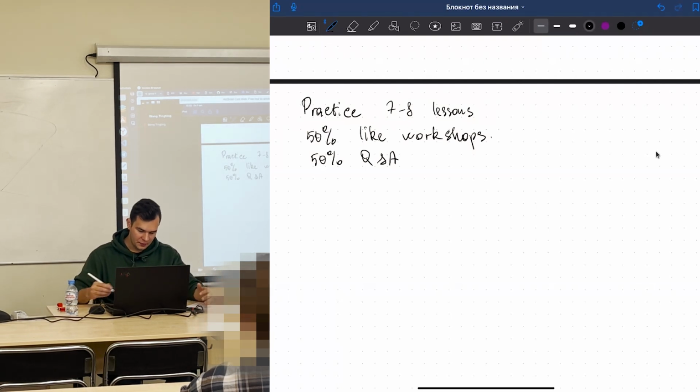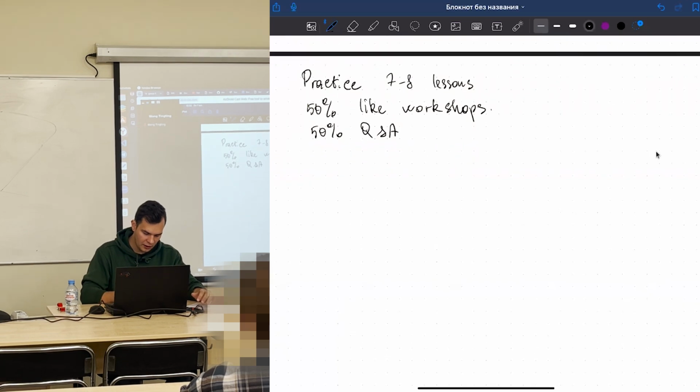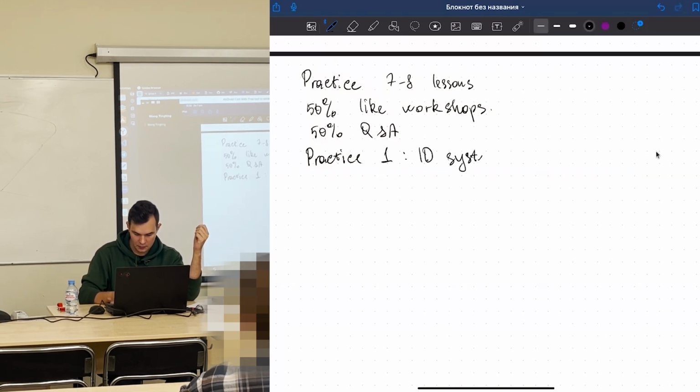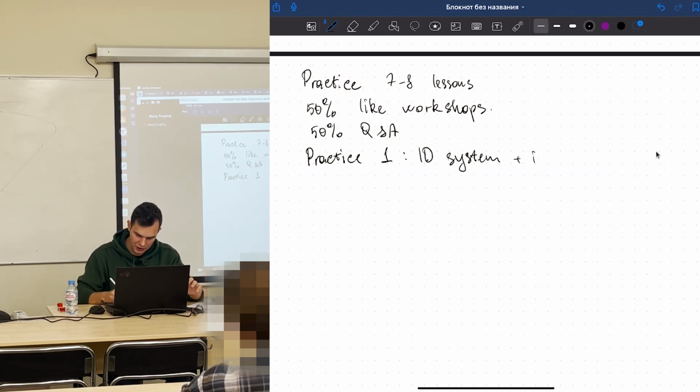For the practice, you will have 4 practice tasks. Practice 1 will be about 1D systems, like mass spring damper, so very simple, plus integration.